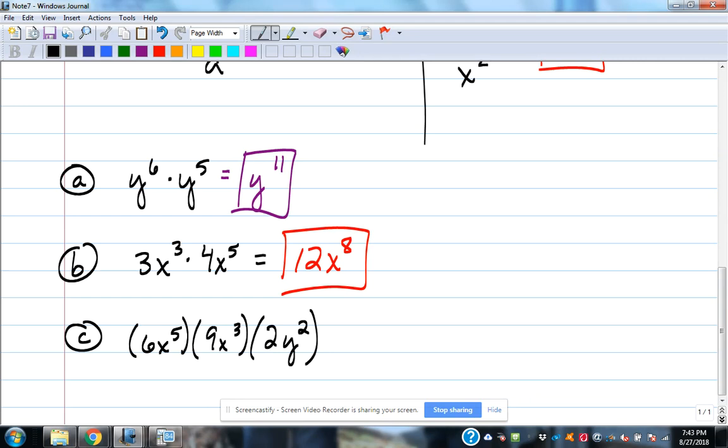No. You can always multiply the numbers in front together. So we're going to multiply 6 times 9 and then times 2. Okay? The like terms have to have the same letter. Where that's coming from is if you're adding or subtracting. Multiplication, there's nothing stops you from multiplying. Okay? You can always multiply things together. Addition and subtraction has got to have the same letter. Okay? So 6 times 9 is 54, times 2 would be 108.